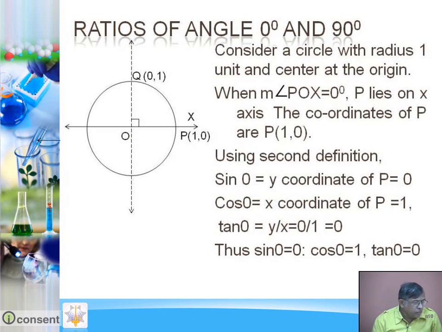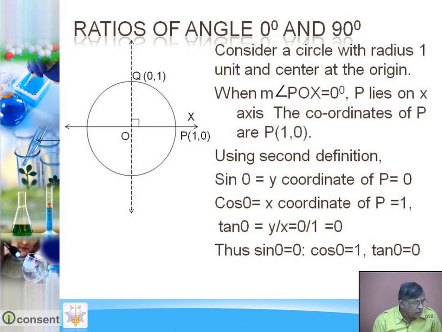Now consider this figure. Here radius is equal to 1. So the point P is on the x-axis, means its y coordinate should be 0. So coordinates of P are (1, 0), and coordinates of Q are (0, 1), because Q is on the y-axis. So its x coordinate is equal to 0 and y coordinate is 1. Now consider sin 0.